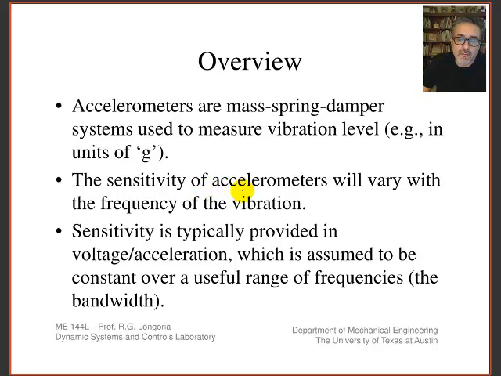I want to talk very clearly about what the input is to the system, which is the motion that you're trying to measure. And what you'd like in a sensor is for the sensitivity to be constant over the range of frequencies that you might be measuring. And that useful range is usually reported as one of the specifications for these devices.